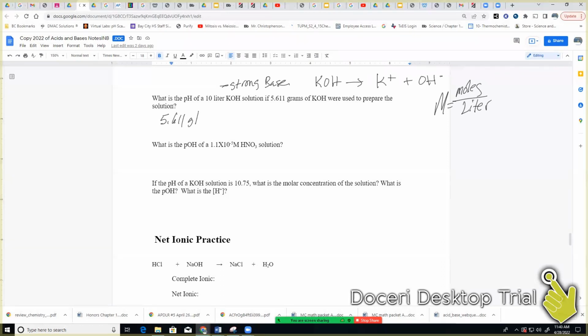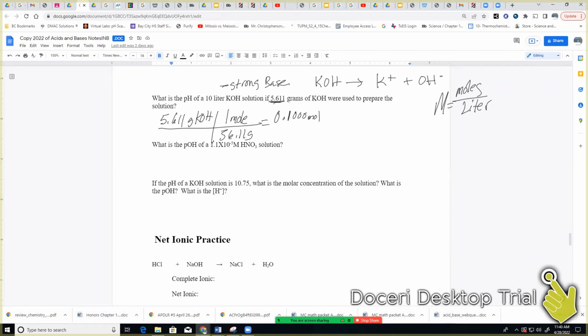So 5.611 grams of KOH. And then its molar mass is 56.11 grams per 1 mole. So in that 5.611 grams, I have 0.1 moles, and I'm going to stick some zeros behind it just for sig figs.